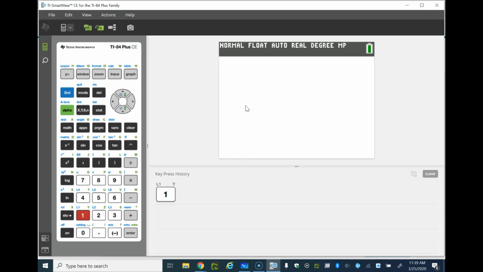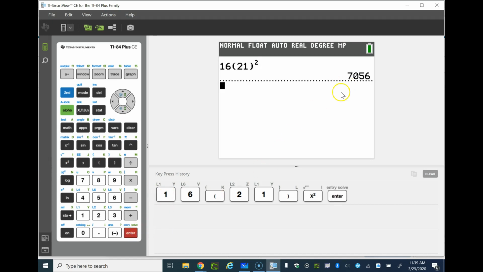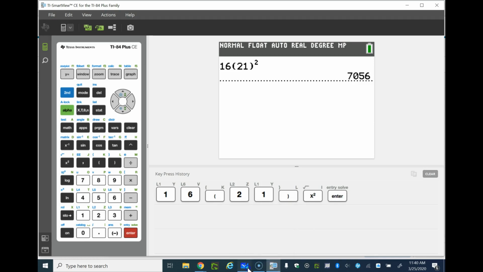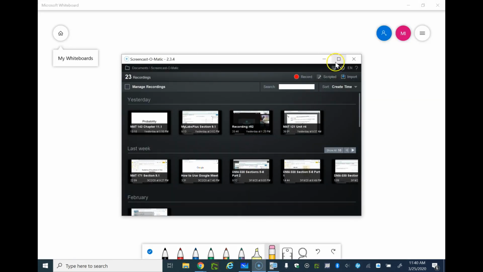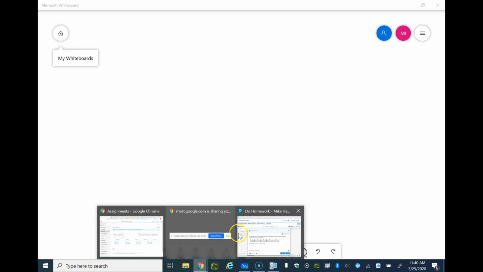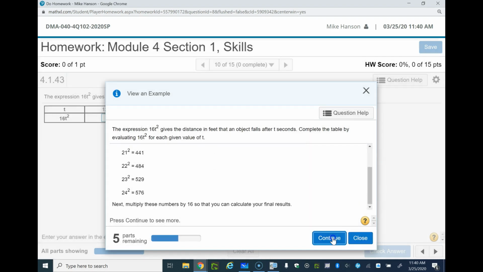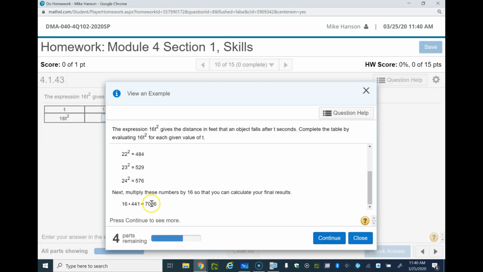So you probably did 16, then in parentheses, hit times 21, and then you squared it. And you got the answer 7,056. So this is the answer for the first one, 7,056.